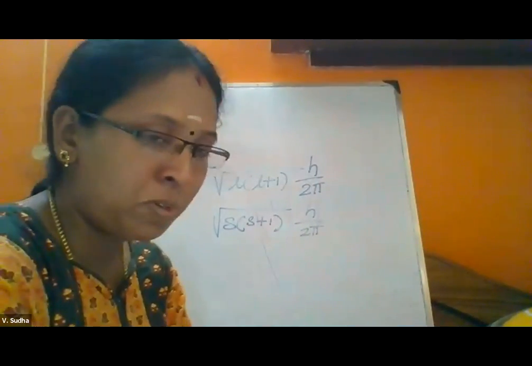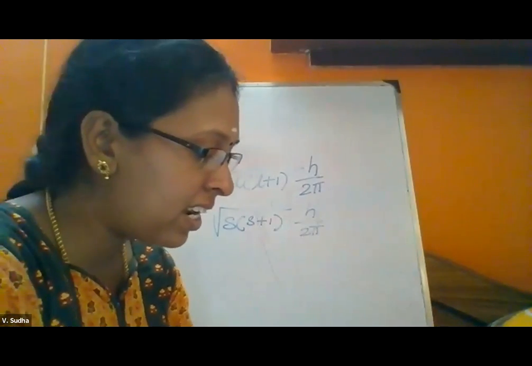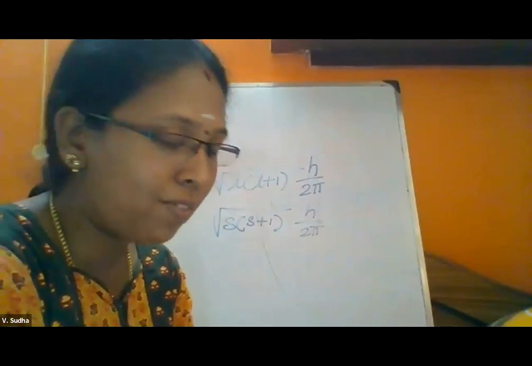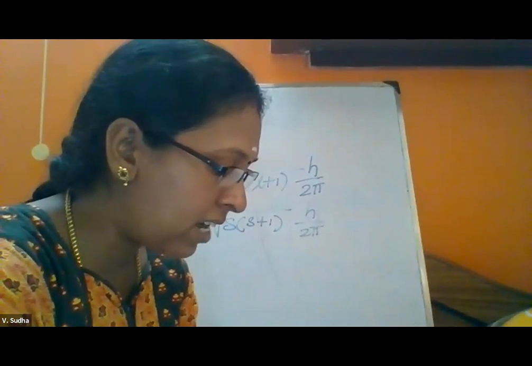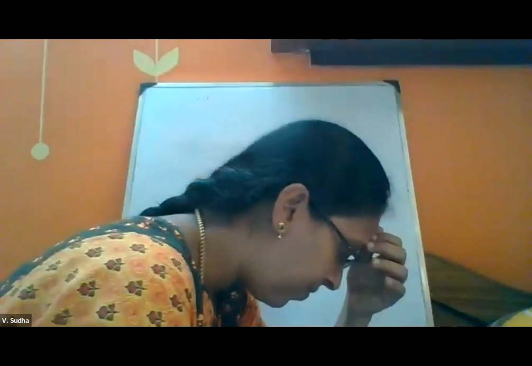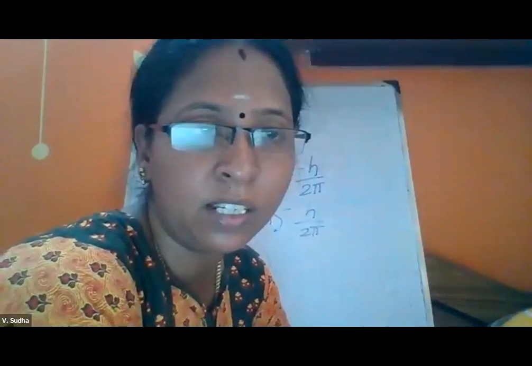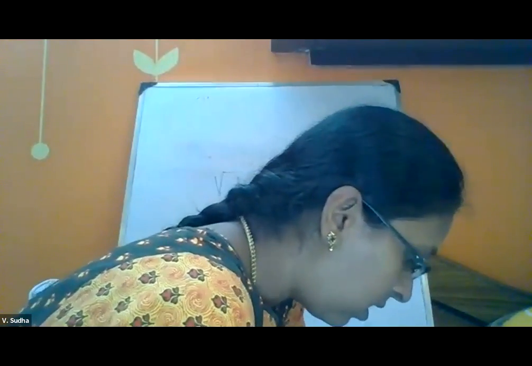Option D: The energy of 2s orbital is less than the energy of 2p orbital in case of hydrogen-like atoms. So now tell me what is the answer.